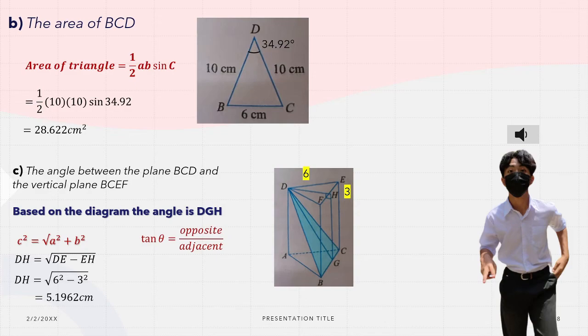The opposite length is DH, which is 5.196 cm, over 8. So what is 8? It is mentioned earlier, you can see in the previous slide. So after calculating, the final answer will be 33 degrees. That's all.